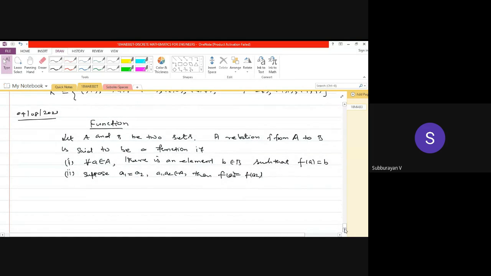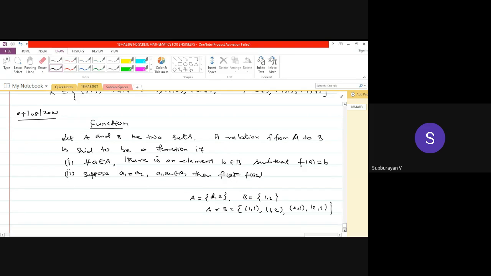For example, I take A equal to {1, 2}, and B is also the same, {1, 2}. Then what is A cross B? A cross B is (1,1), (1,2), (2,1) and (2,2).